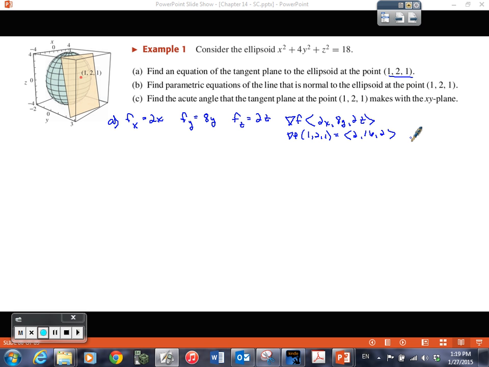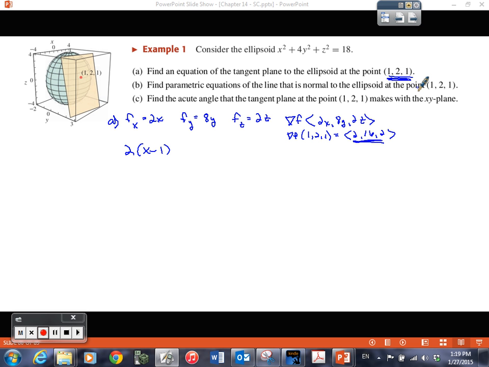So now we can sub into our formula. The two things we need to write an equation of a plane are a point and a normal vector. So I have the x component of my gradient, 2, multiplied times x minus 1, 1 being the x value of the point.